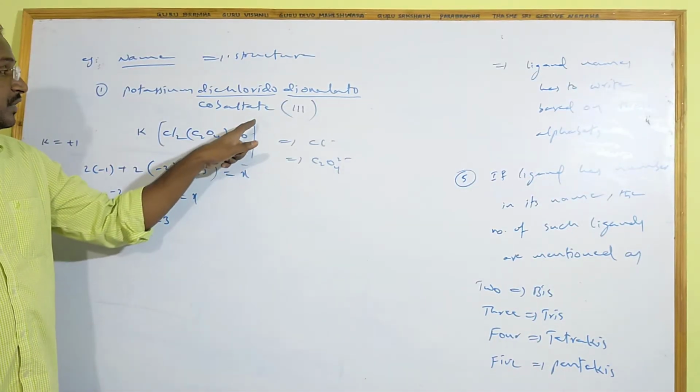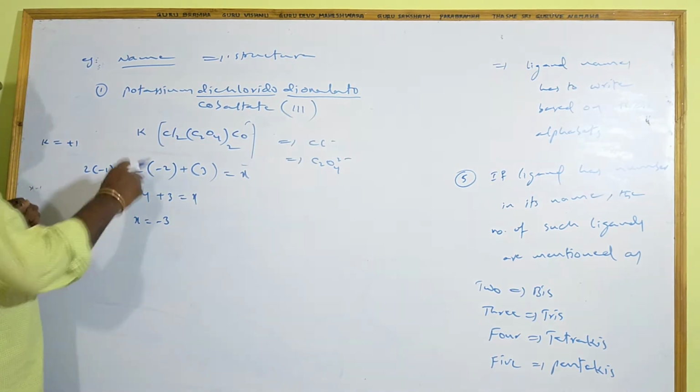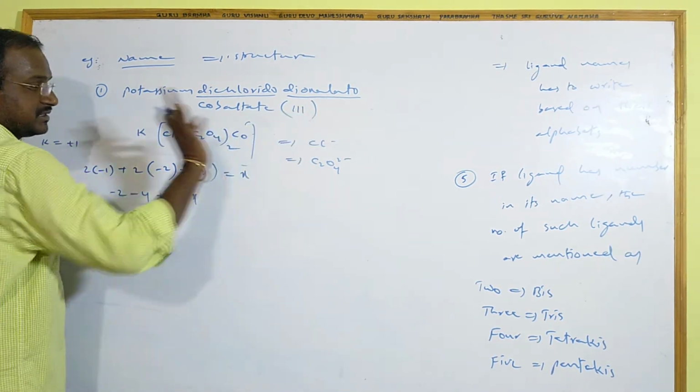Once again I am saying, potassium dichloride dioxalate cobaltate he has given. So once again I am writing how we have to write it. Potassium K I wrote, its oxidation state is plus 1, charge is plus 1. Then dichloride, 2 chlorines I wrote, dioxalate, C2O4 taken twice I wrote, cobaltate, cobalt I wrote, plus 3 oxidation state.